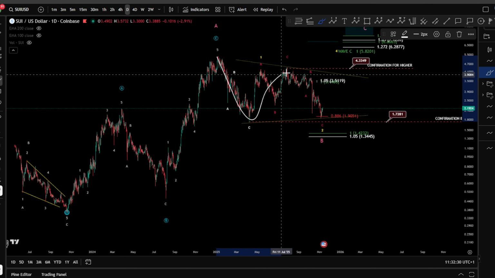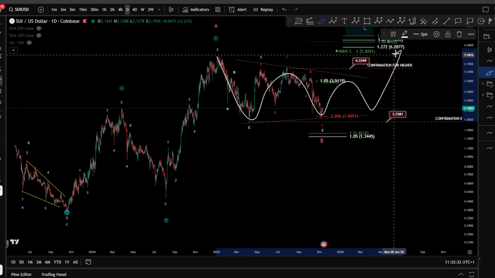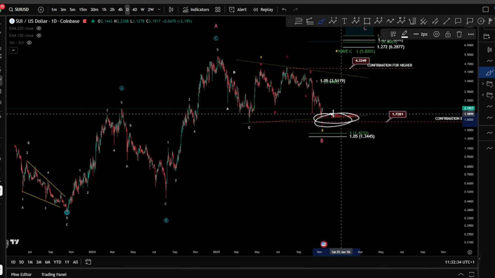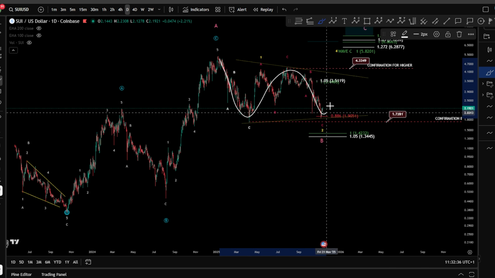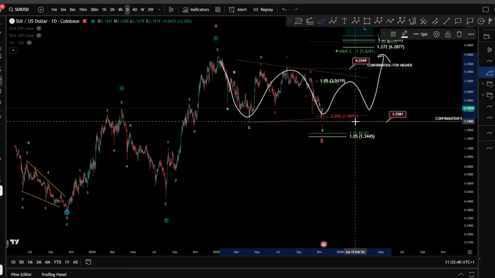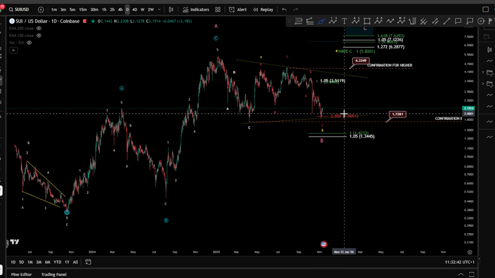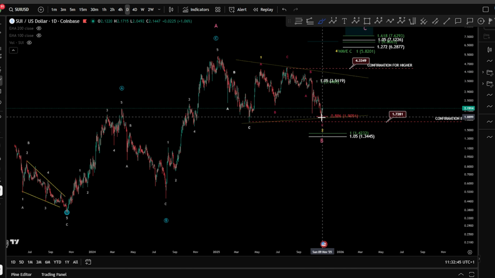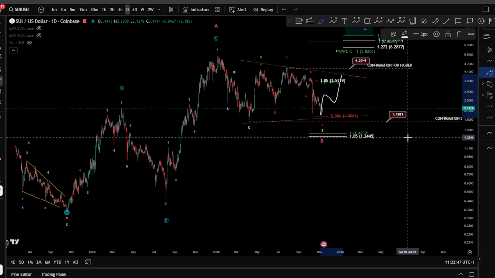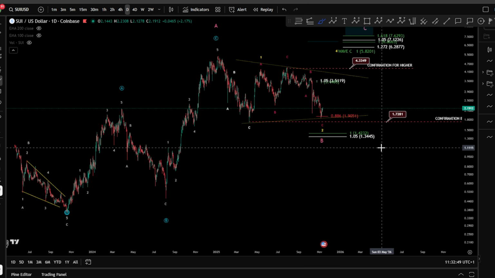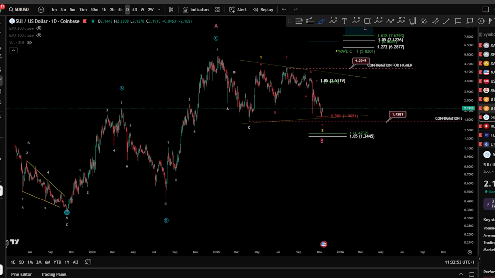That's why there is a higher possibility that you might be in a triangle here, since you took only the 0.886, which is a very typical fib level for a triangle wave C, and then moving towards higher prices later on after you finish this triangle. Meaning currently, if we are in a wave D, we are looking after a zigzag wave D towards higher prices for SUI. Yep, so that was it for SUI.